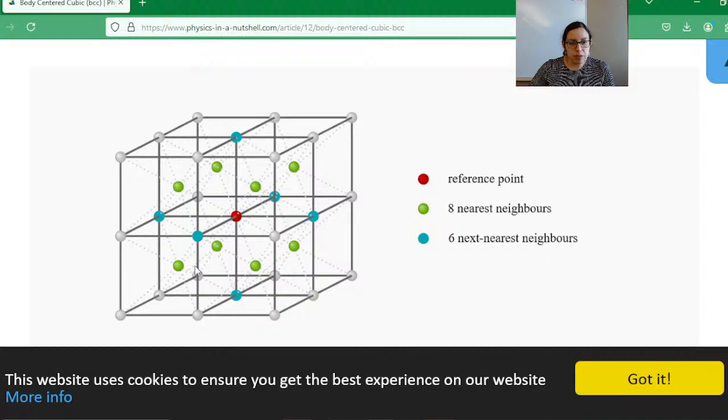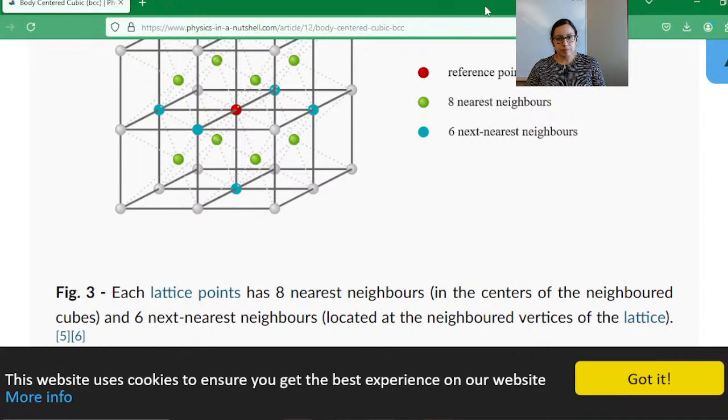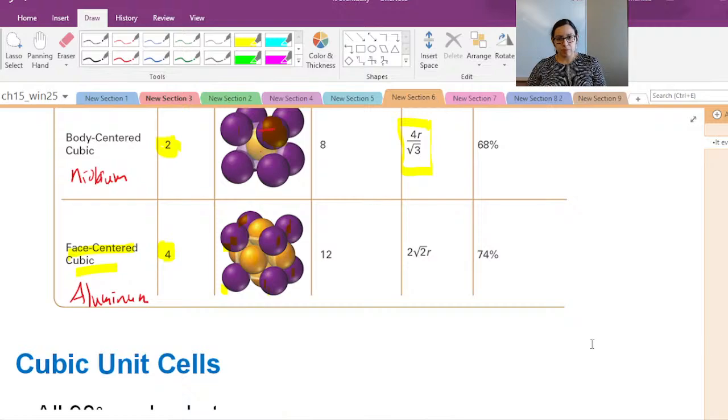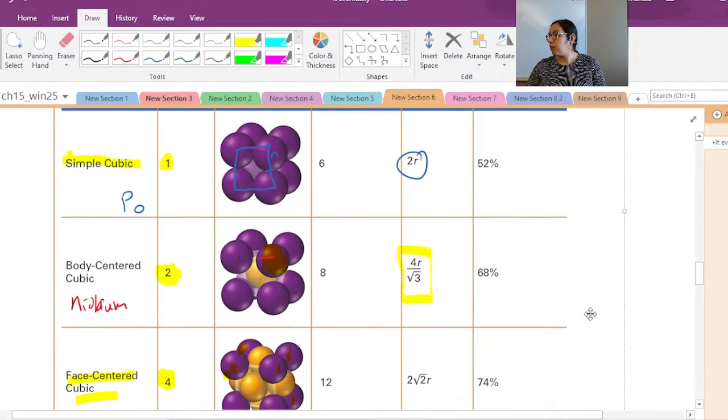A little difficult to see though. It's supposed to be whichever one you pick, it's always coordinated to 8, is what it's saying.